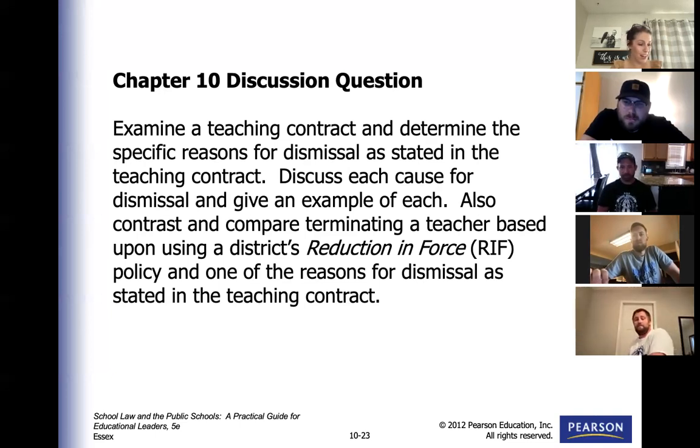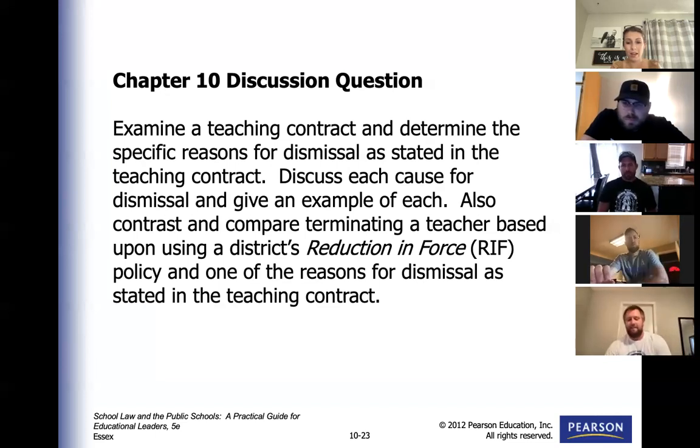I'm not seeing anything where it talks about reduction in force. You guys may have more of an opinion on this, but besides this class and reading the textbooks, have you ever gotten any information regarding reduction in force? I haven't personally.